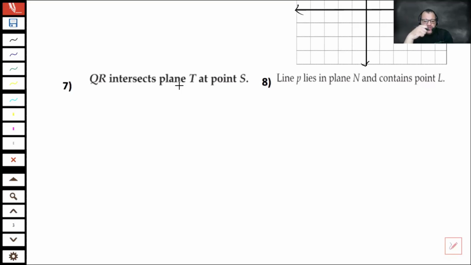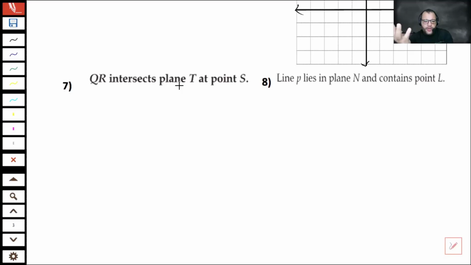You remember the paper and the pen? So how does the pen, which is a line, intersect the plane, which is the paper, at only one point? Try to imagine this one. So can you draw it?